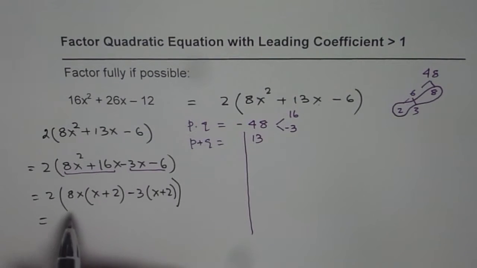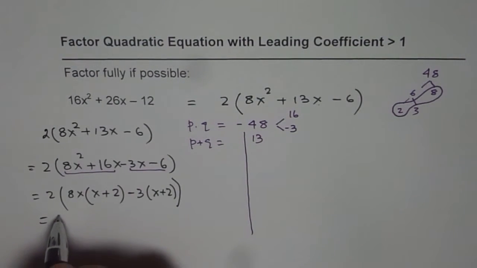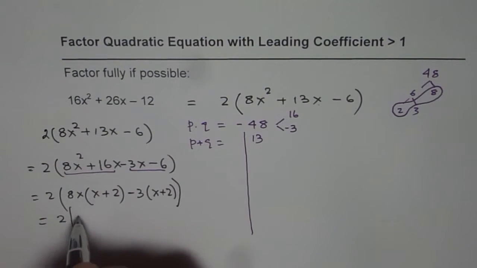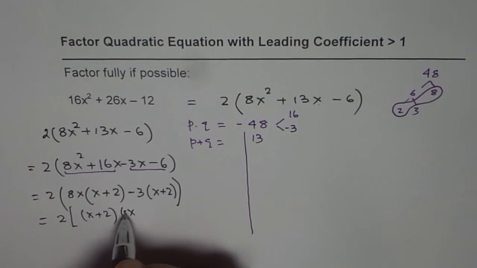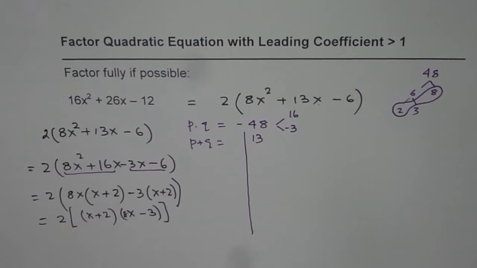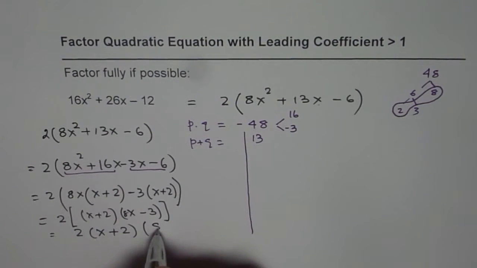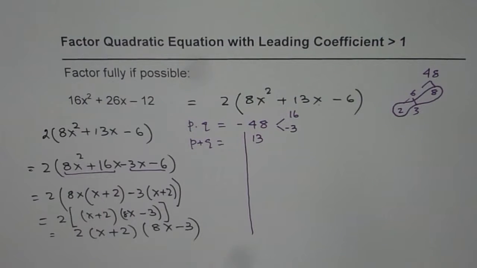Now we can factor x plus 2, which is common, so we get 2 times, I should use square brackets, x plus 2, and here we have 8x minus 3, correct? So that is how we factor it. So we get our final result, which is 2 times x plus 2 times 8x minus 3. So these are the steps to follow to factor.